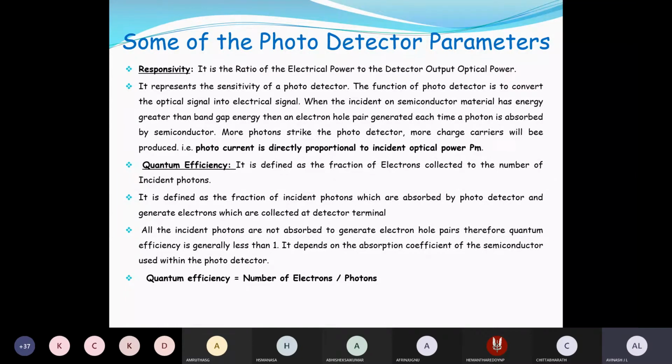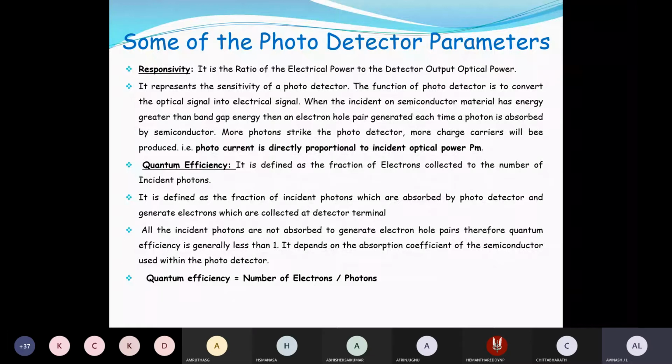Photon represents the light, and electrons represent the current. So how many photons we incident and how many electrons have been generated? So I can say how much light is imposed and how much current is generated. In either way it is correct.